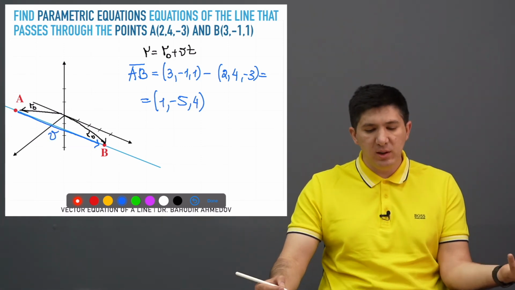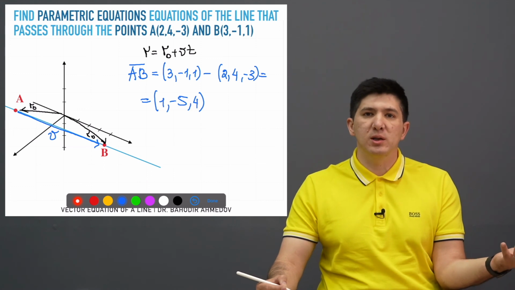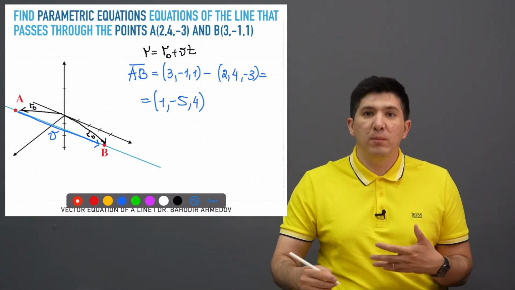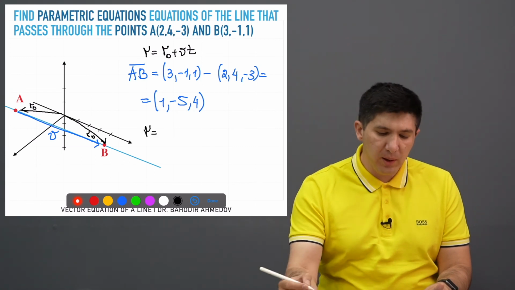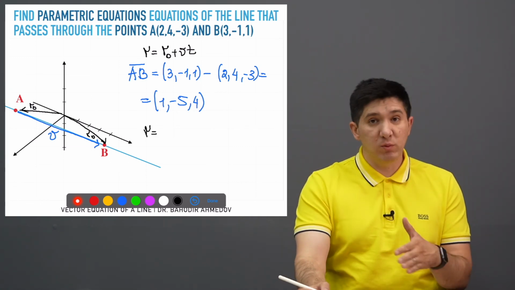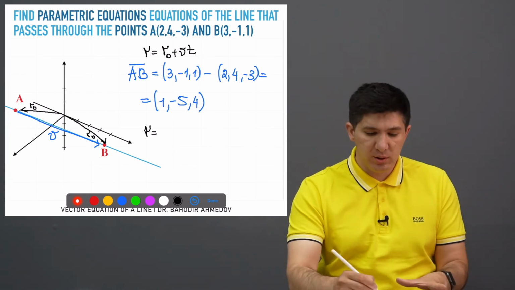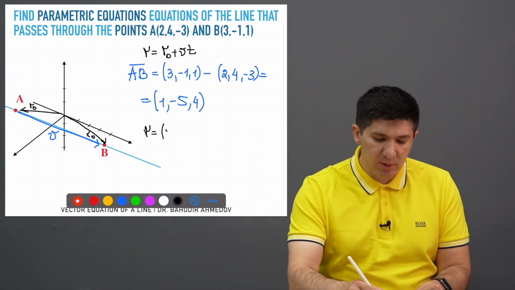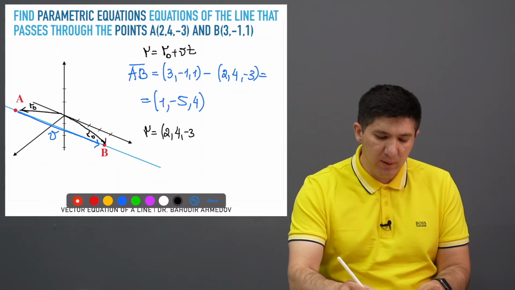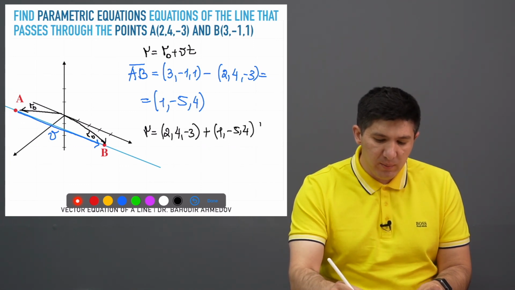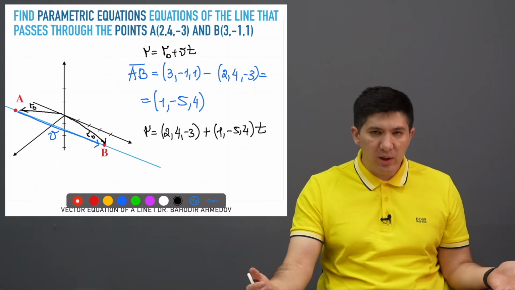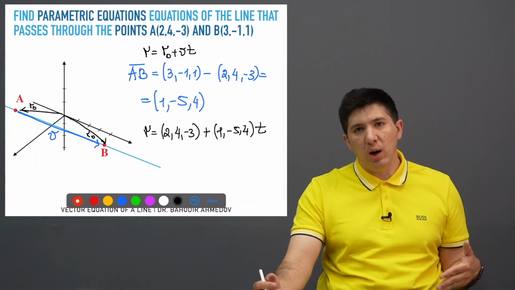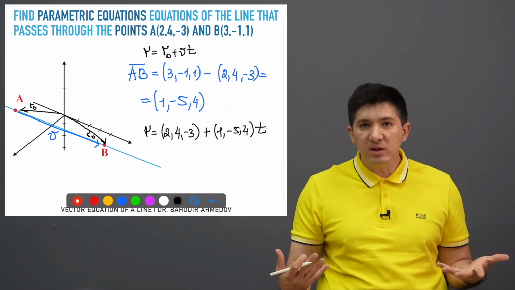Then I just need to substitute everything into this equation to derive the vector or parametric equation of the line. It is going to be r equal to r0, which can be either of these 2 points. I'm going to take A as r0, (2, 4, minus 3), plus the v vector, (1, minus 5, 4), multiplied by t. The parametric equation should give you x, y, and z as functions of t, right?